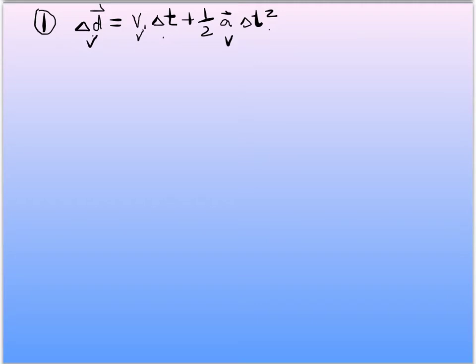However, because our V1 equals 0, this whole first term becomes 0, and it simplifies things greatly for us. And so because V1 is 0, this simplifies to delta D equaling a half A delta T squared.